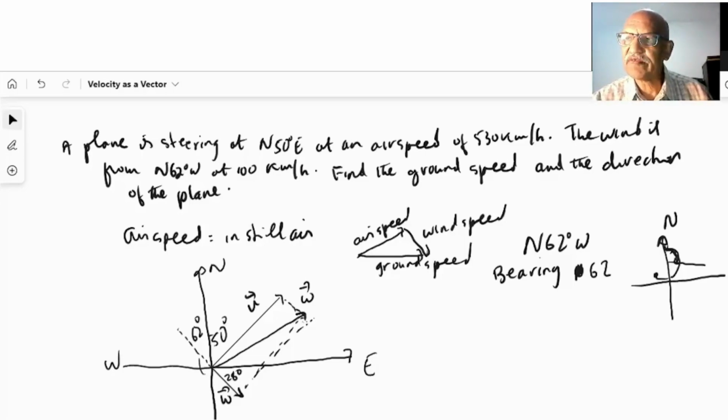So now we have to find U plus W, the resultant. To find the resultant, we always use the cosine law.